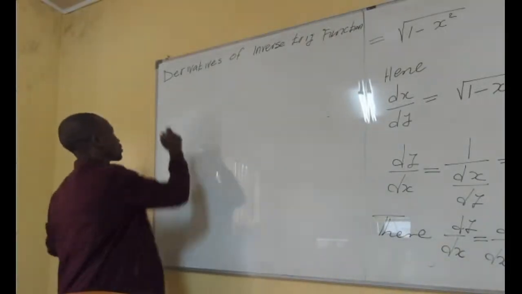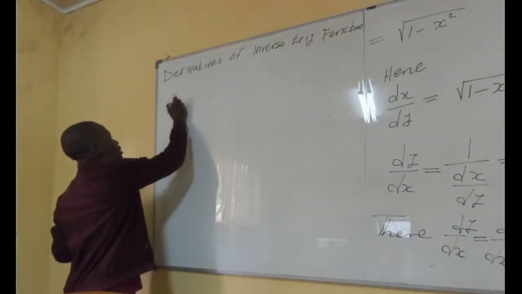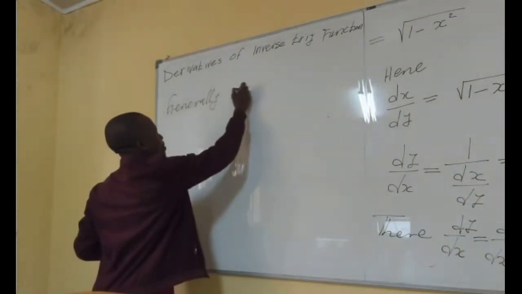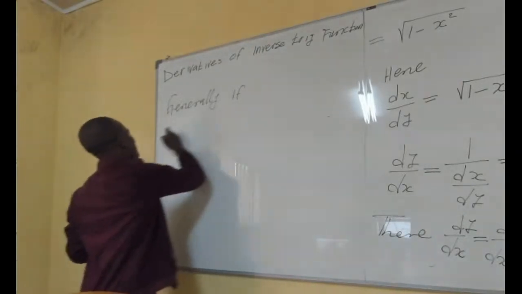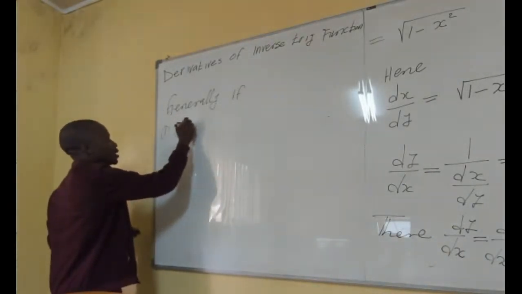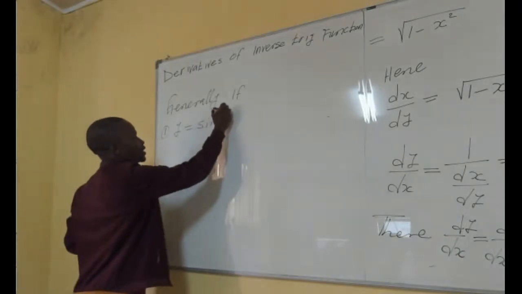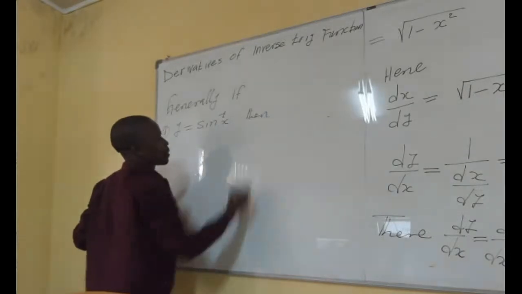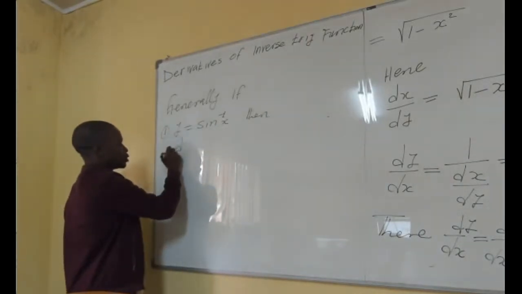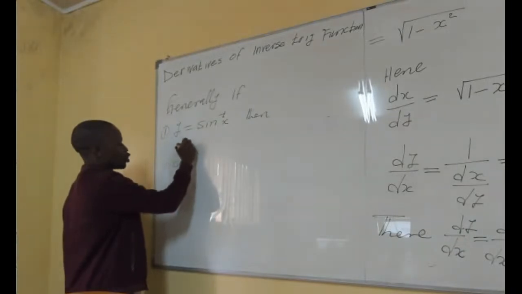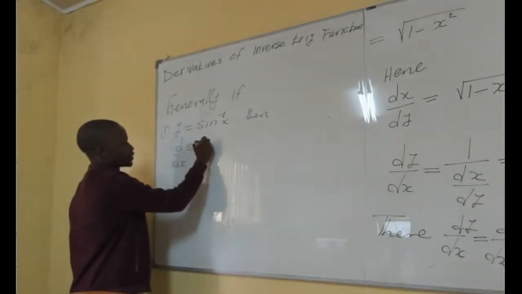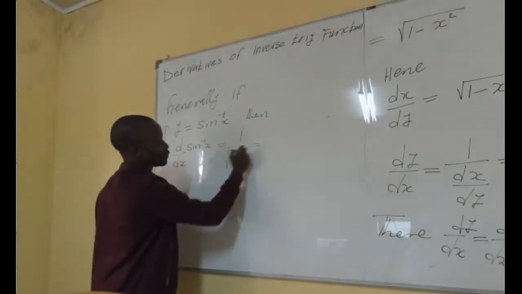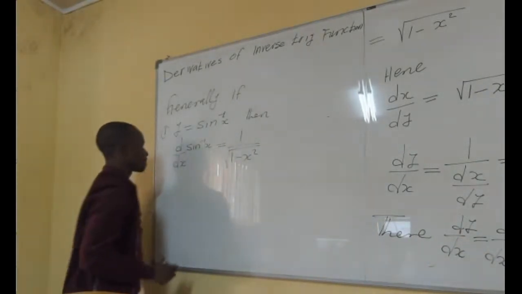Generally, one: if y is equal to the sine inverse of x, then the derivative with respect to x of the sine inverse of x is equal to 1 over the square root of 1 minus x squared.